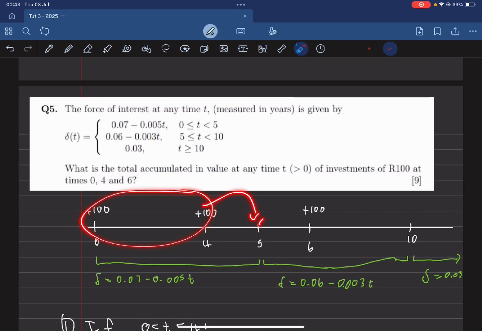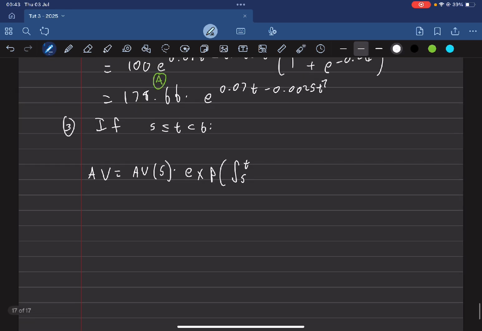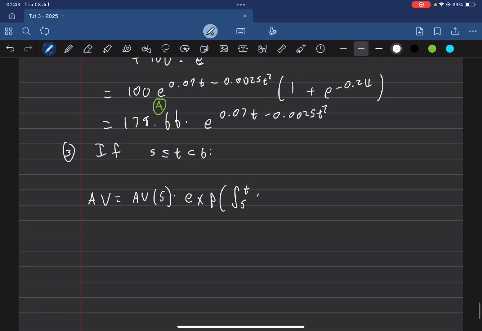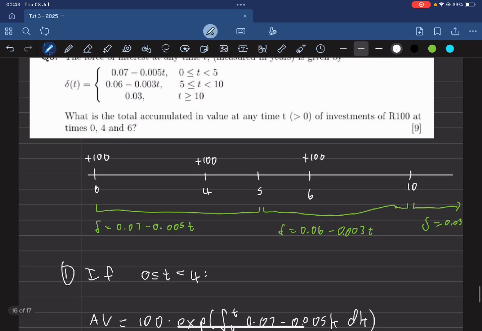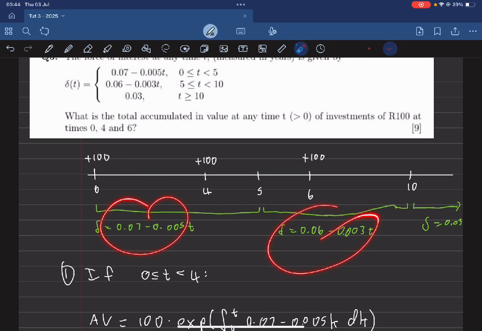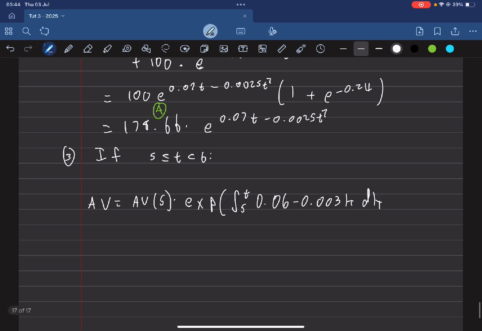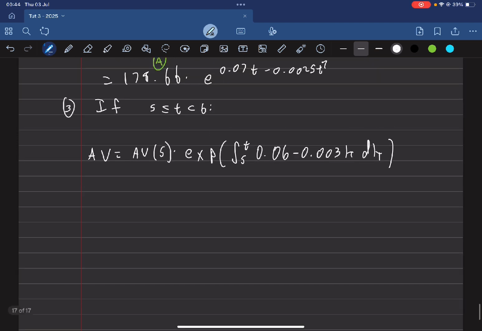And now we're moving it forward from time 5 to time arbitrary point t. Okay. So from time 5 to time t of 0.06 minus 0.003 k dk. Okay, because remember we have to use this new rate now. So instead of using this one, I'm using this one. Cool. That all looks good.